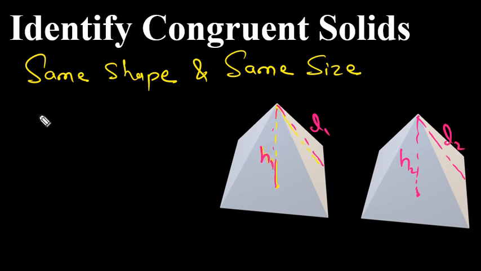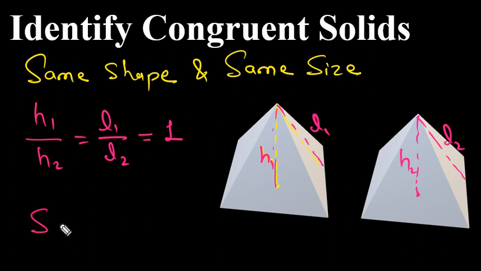Now in this case, the corresponding linear measures h1 over h2 should be equal to l1 over l2. That is a must. And this should be equal to 1. So other than only being equal, this should be equal to 1. So the scale factor for congruent solids is 1.